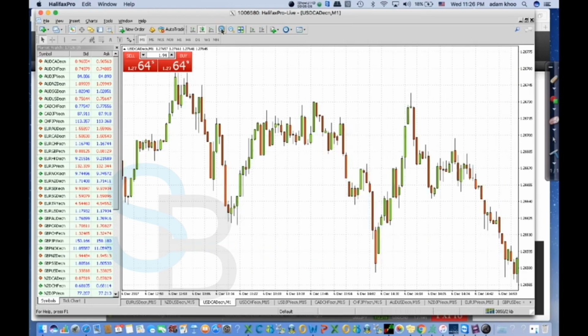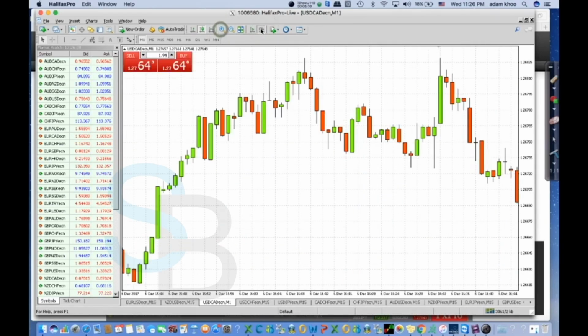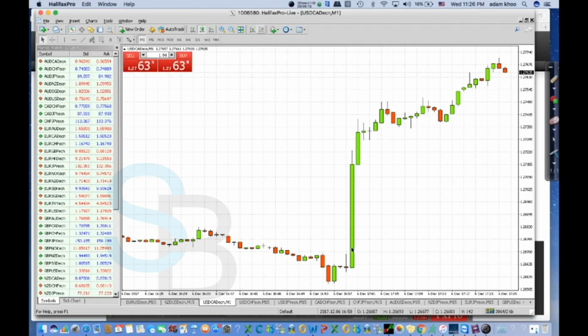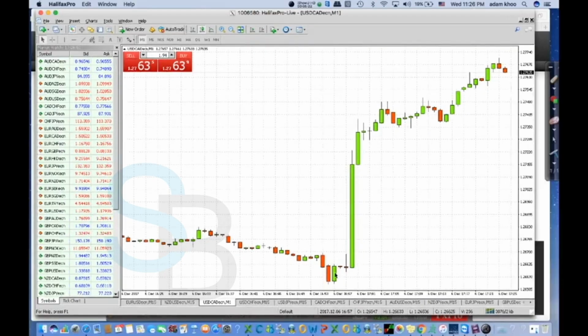Let me make it bigger. Okay, so this was 11 p.m. Each candle is 1 minute, right? So this 11 p.m., 10:59, 58, 10:57. Okay, so at 10:57, we were here, thereabouts, roughly about there.